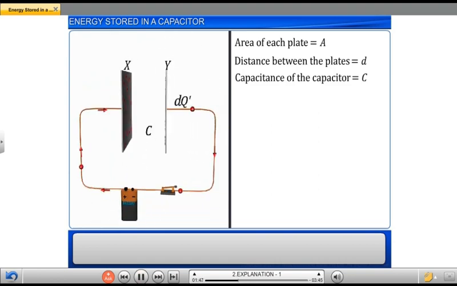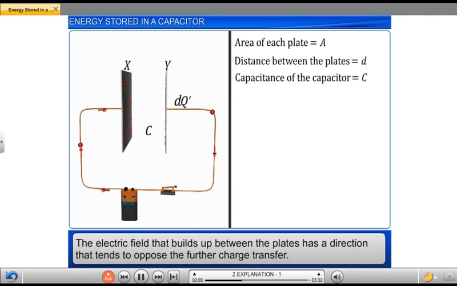Therefore, the process involves transferring charge from the plate Y at the lower potential to the plate X at the higher potential. The electric field that builds up between the plates has a direction that tends to oppose further charge transfer.